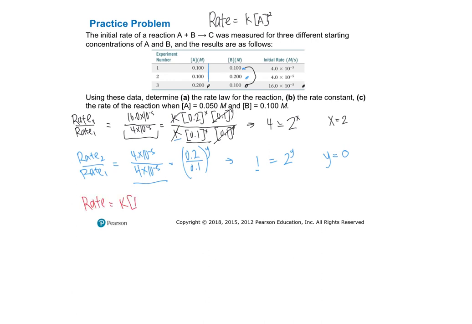K times A squared. So rate is 4.0 times 10 to the negative fifth molar per second. And I'm going to want to write my units so I can solve for that as well. Units of K times A. Now A in this case is 0.1, I want to put 0.1 molar, and I want to square it. So now 4.0 times 10 to the negative 5 molar per second equals K times 0.01 molar squared.